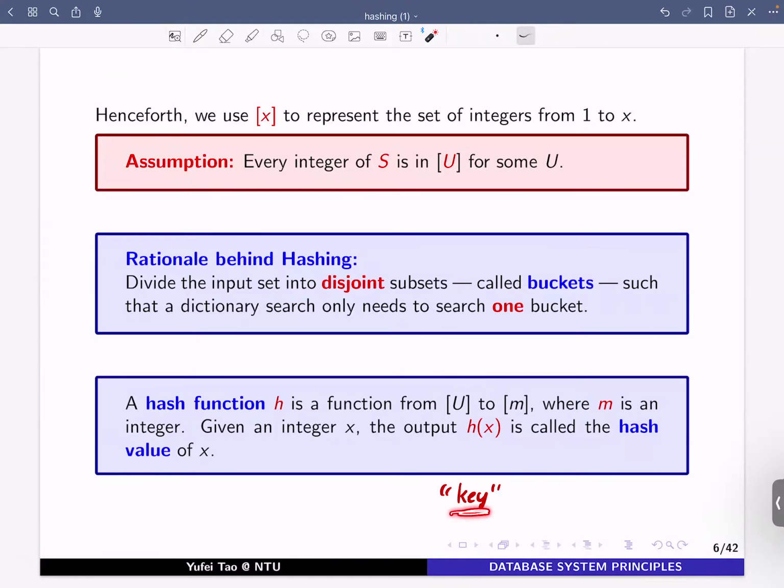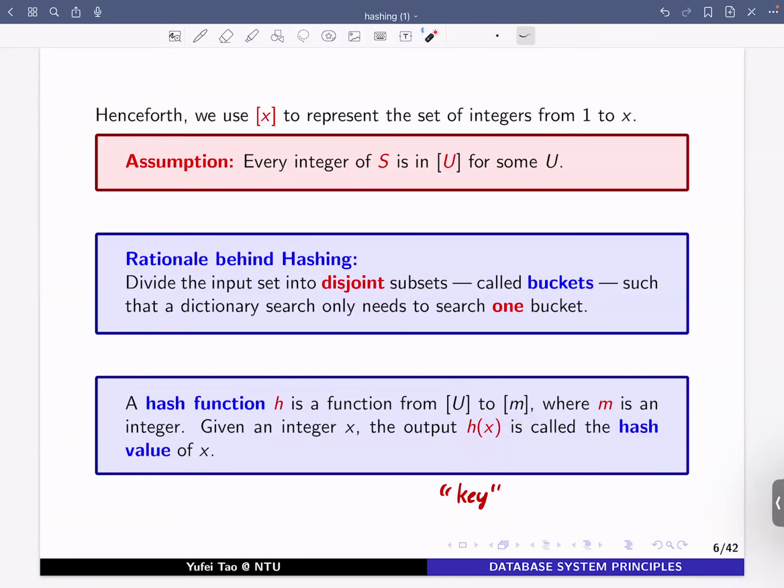So you give me a key, and then I compute the hash value of this key. This key needs to come from the integer domain that we agreed upon. It's not something that's arbitrarily large; it has to be from a finite range. And the output of this hash function, h(x), is an integer somewhere from 1 to m.